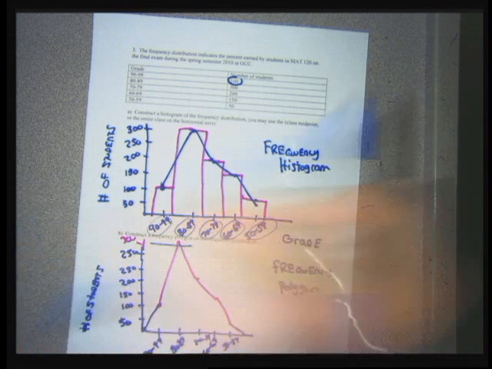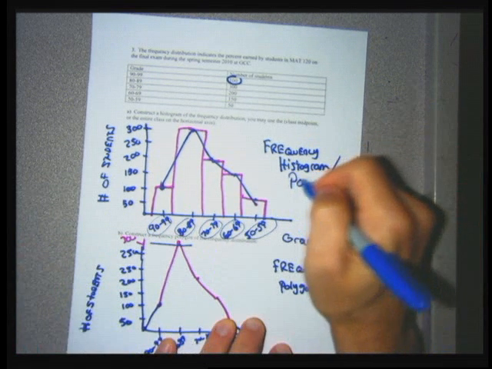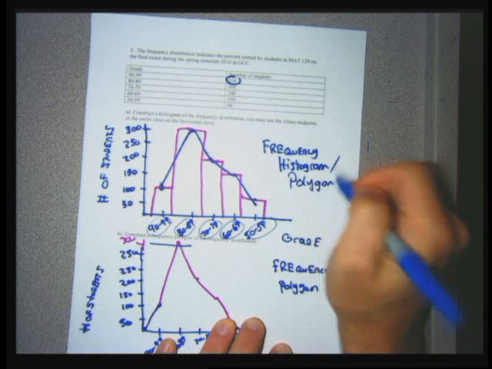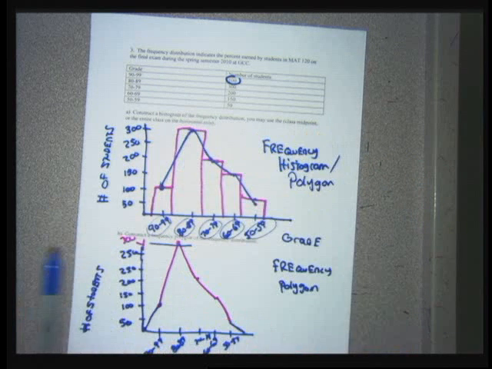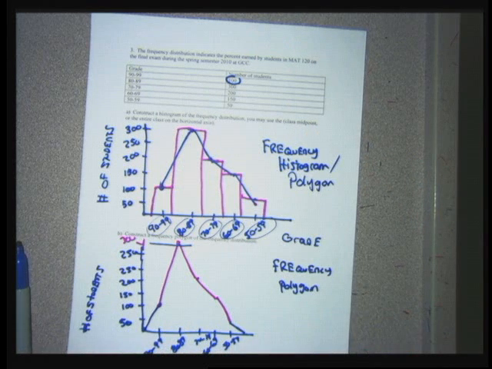So this is both a frequency histogram and polygon, a double graph that shows both parts simultaneously. I would probably do that, since our author did that as he was making the keys in the back of the book.